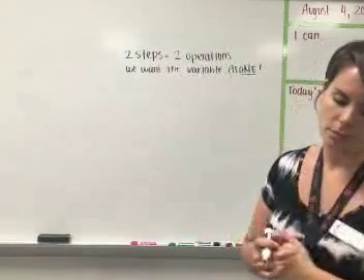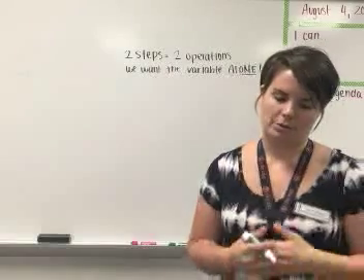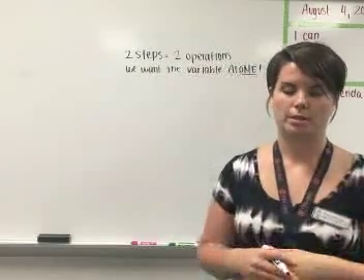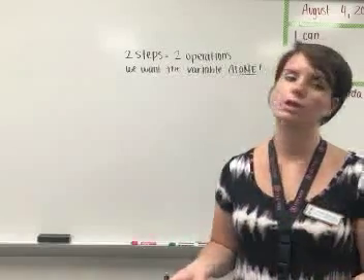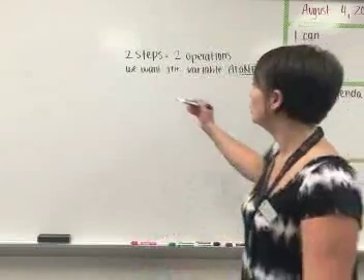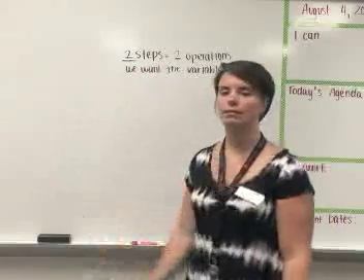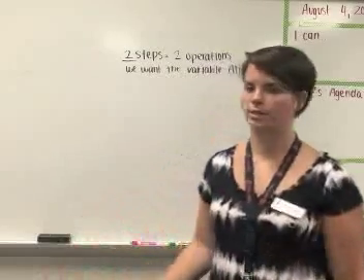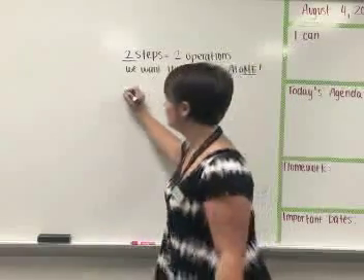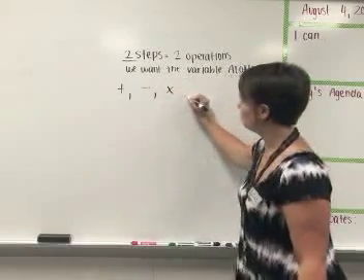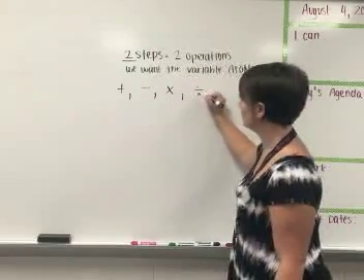Now, in order to do that, we have to remember that we use inverse operations. Now, in a two-step equation, you're going to use more than one inverse operation. You're going to use how many? You're going to use 2, right? Okay? So, let's talk about operations. All operations include addition, subtraction, multiplication, and division.